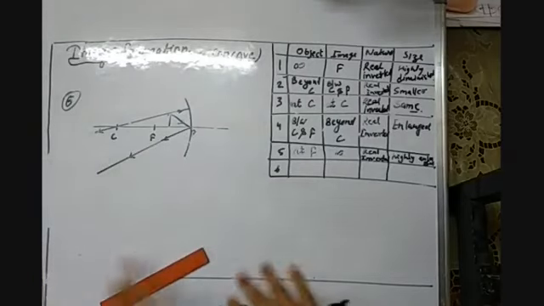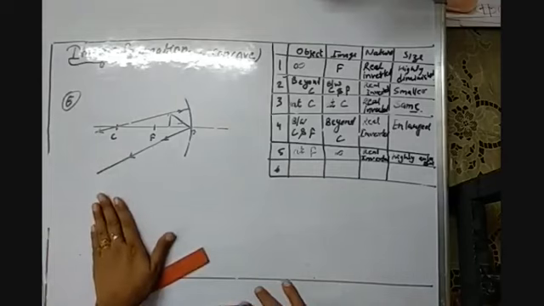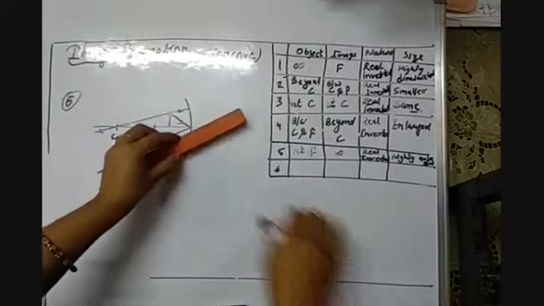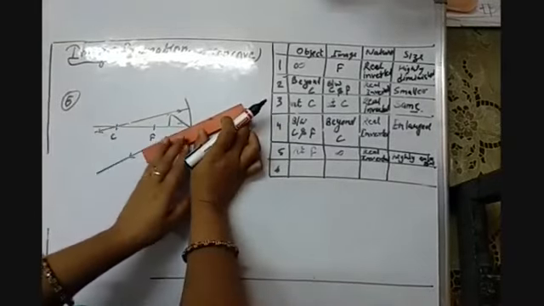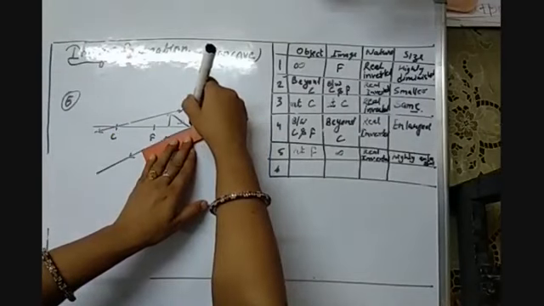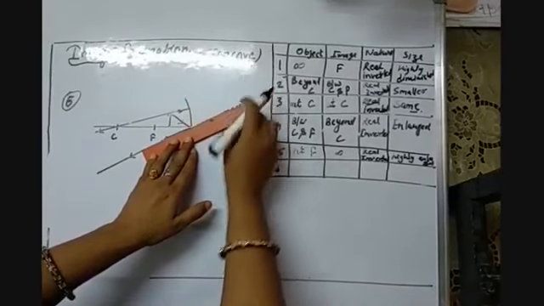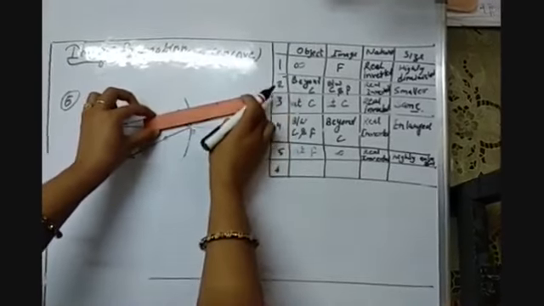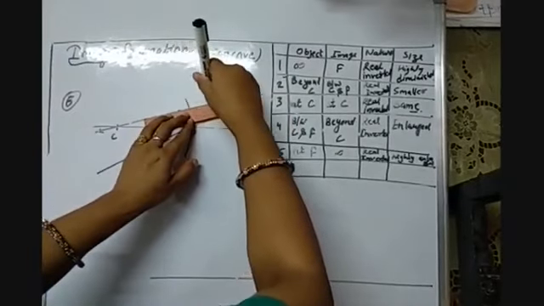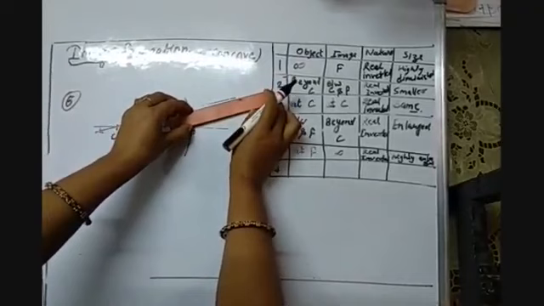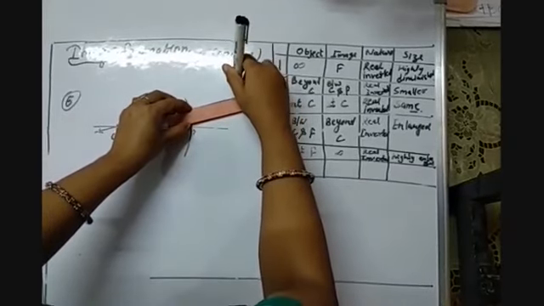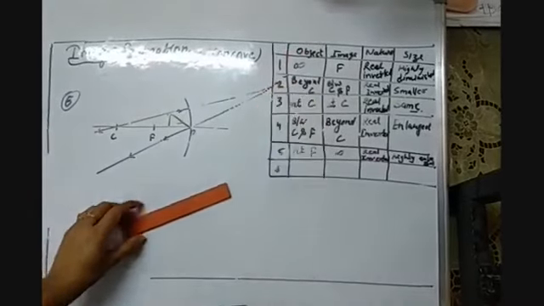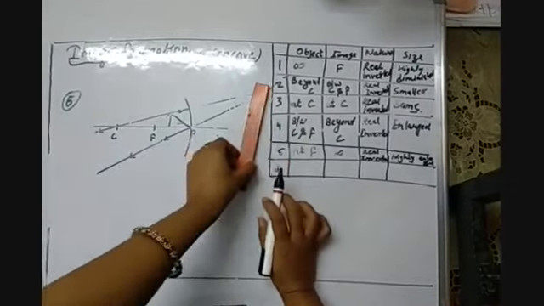That means they are not going to meet on this side. But we have to make an image, so we have to retrace the two reflected lines. So let us retrace them. Now let us retrace this as well. This way we are going to get an image of the object here.